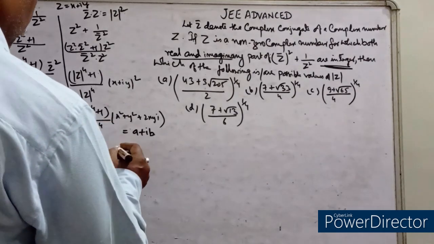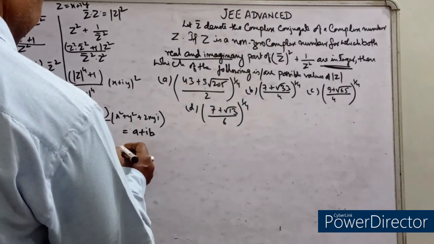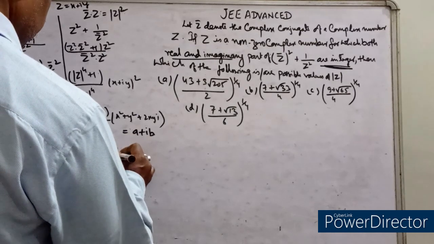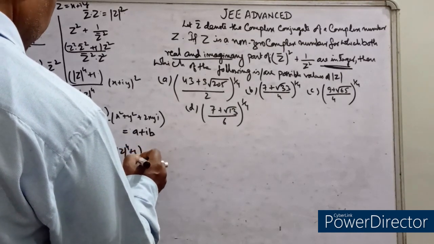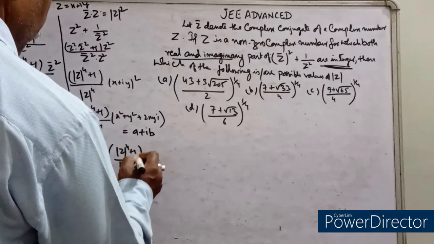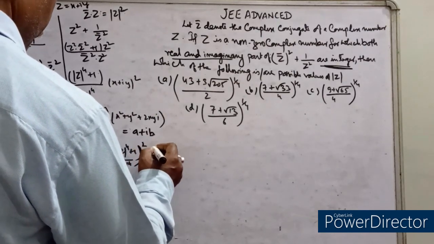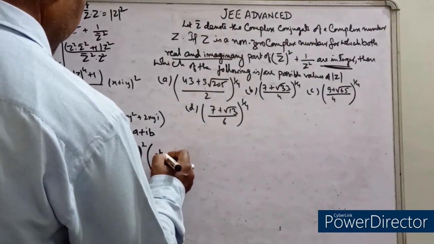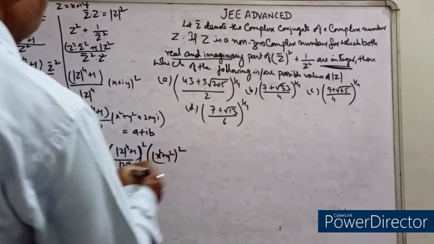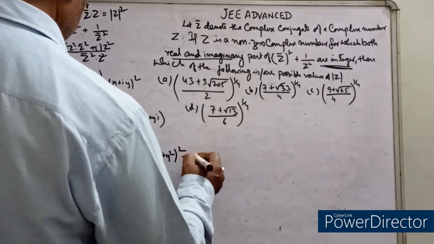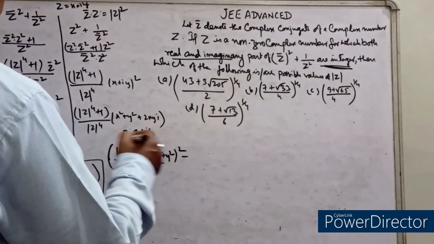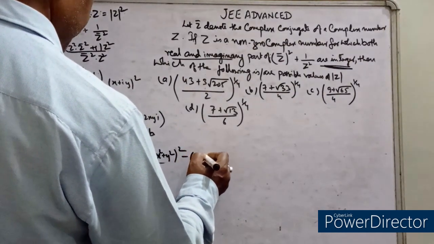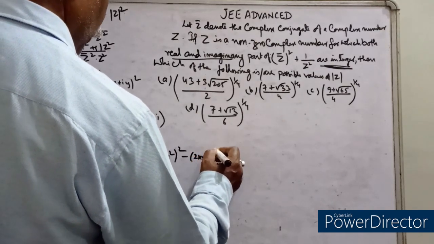When I multiplied these two, what I got is modulus z to the power 4 plus 1 by modulus z to the power 4 the whole square, and this will be x square plus y square the whole square minus 2xyi the whole square.